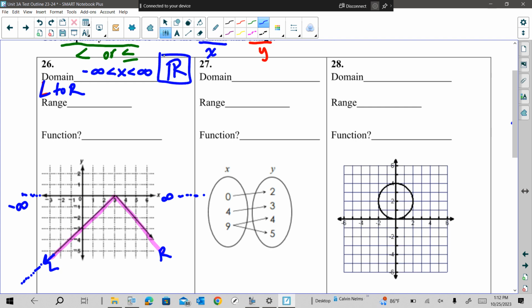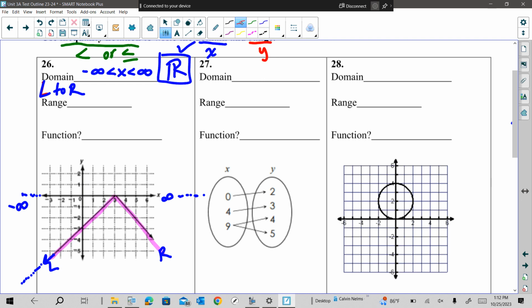It's all real numbers. The inequalities help get you to the answer, but if you just put all real numbers, that's the answer.